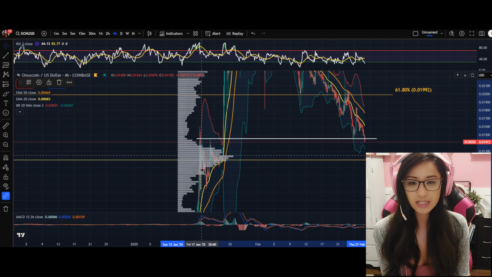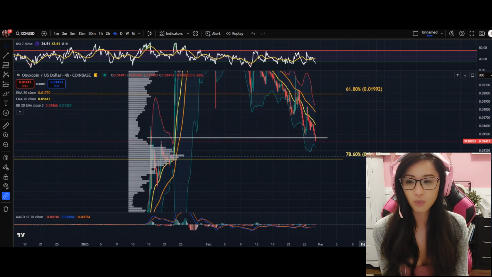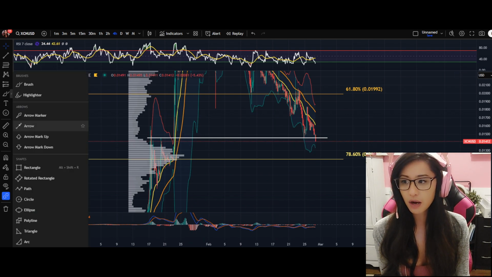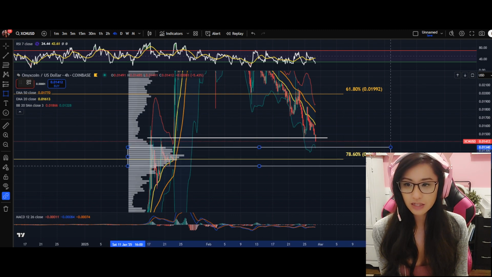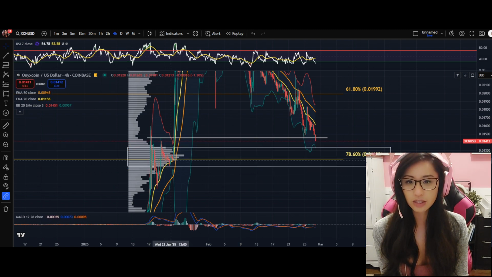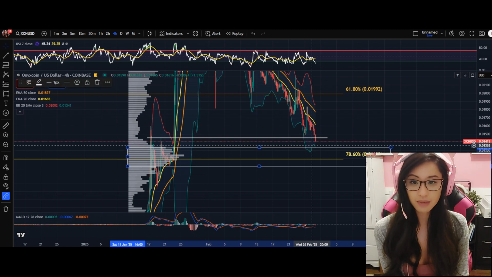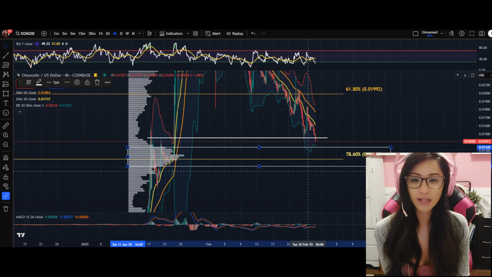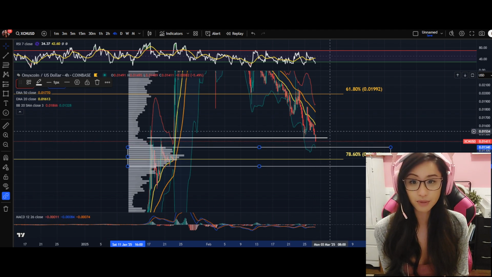We can see it just slightly above our 78% fib at 0.011. If we're looking for possible support lines, we're going to do it from this cluster all the way to this cluster. The support that I'm hoping Onyxcoin can settle in at would be around 0.013. That may trigger some buying interest to see a temporary pullback.